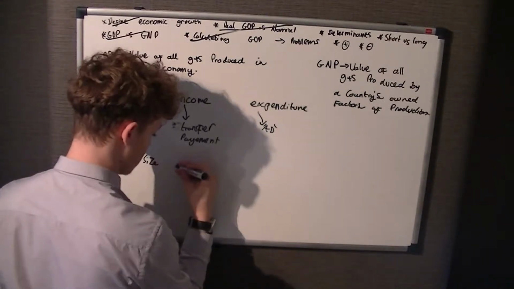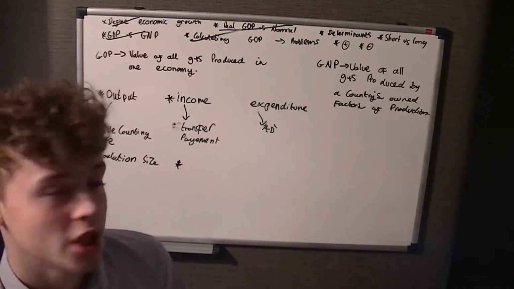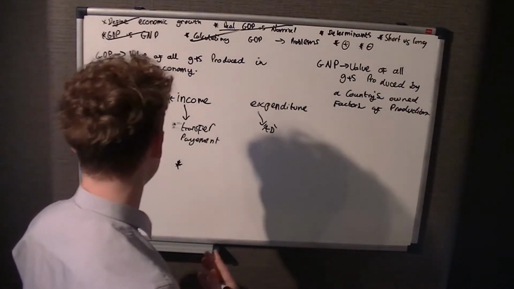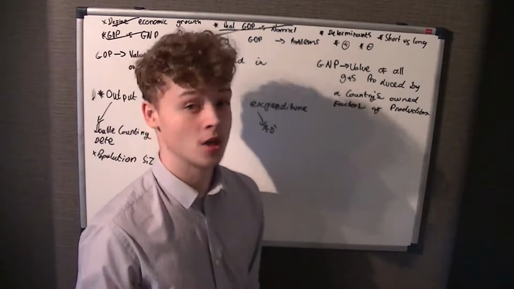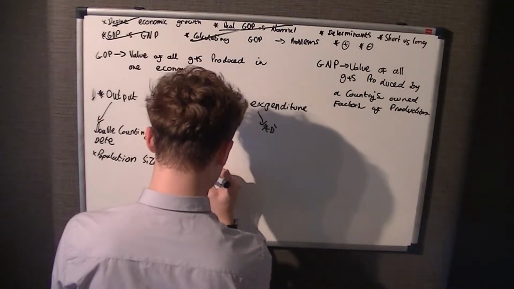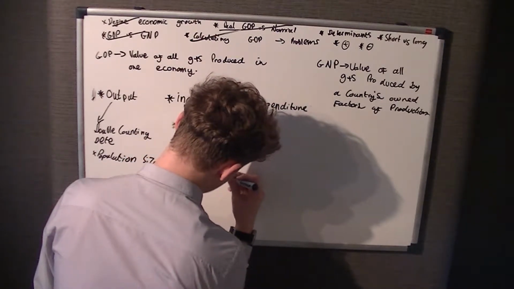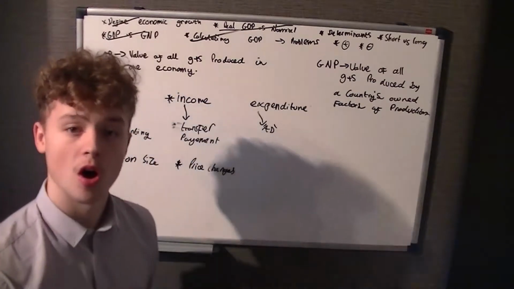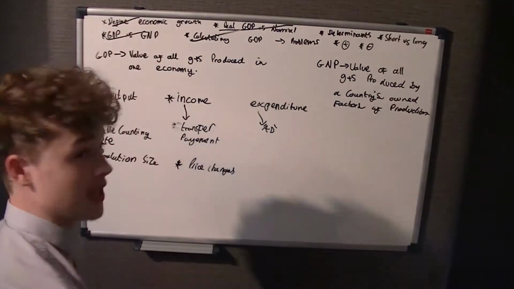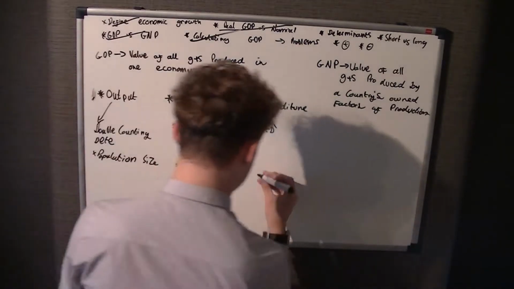Just because GDP has increased, this could have been because of a change in population, as more people can contribute more to the economy, so it may not have actually grown in size per se. And then we've got price changes. Now, price changes are all to do with inflation, which we will cover in a later video.